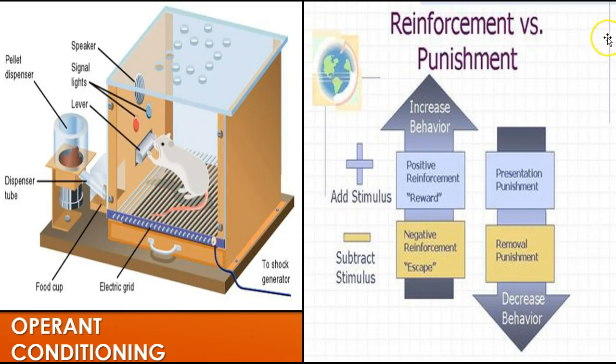Then we'll talk about reinforcement versus punishment. Here, positive reinforcement, which is reward, is when you add something that increases the behavior, and negative reinforcement, escape, is when you take something away that also increases the behavior and encourages positive behavior.